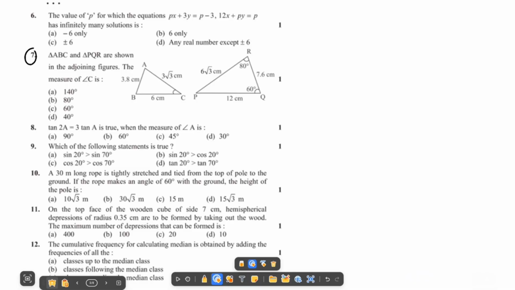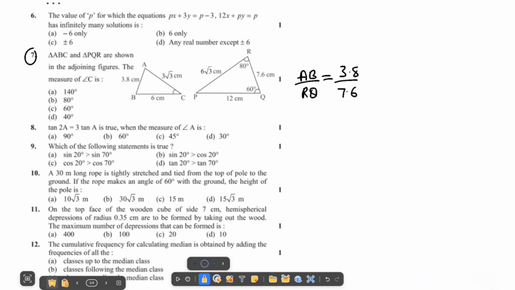For that, let us try to prove these two triangles are similar. Let's see. What is the ratio of AB to RQ? AB is given as 3.8 and RQ is given as 7.6.